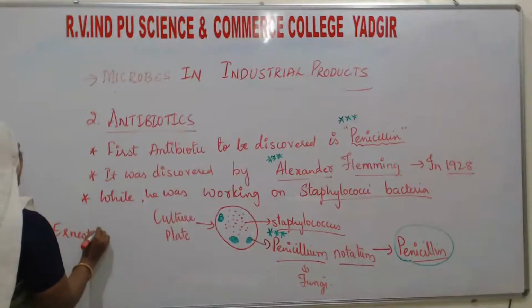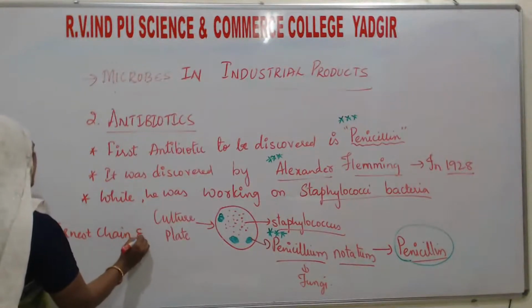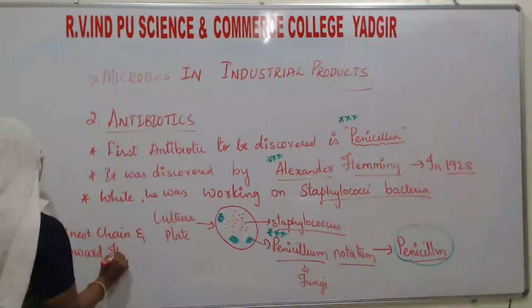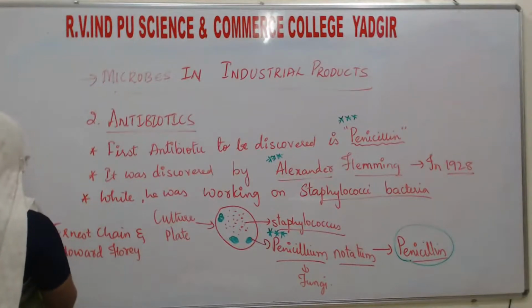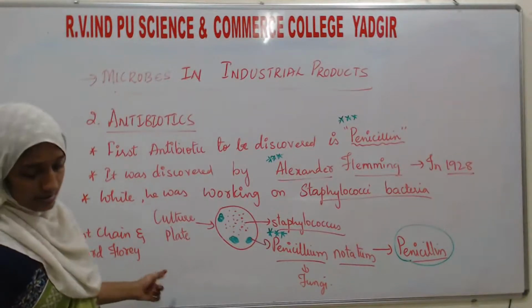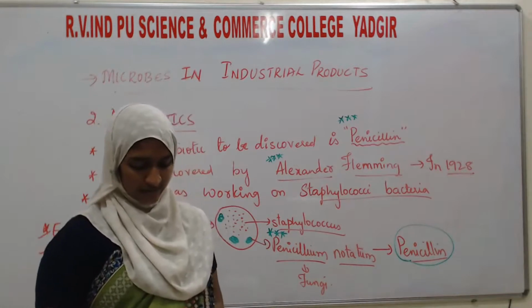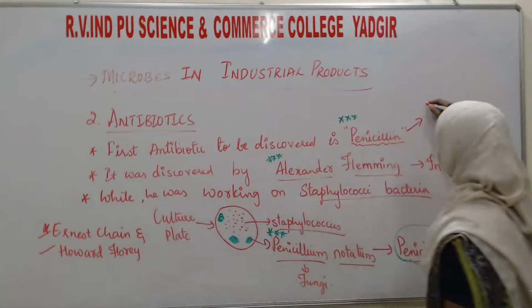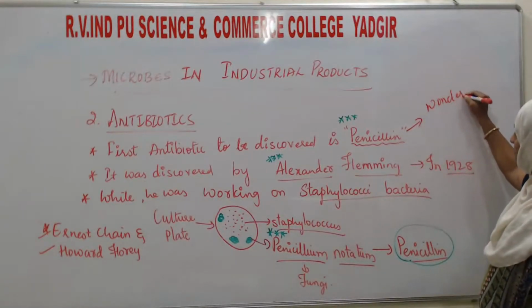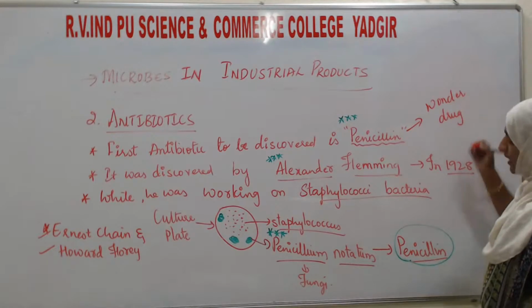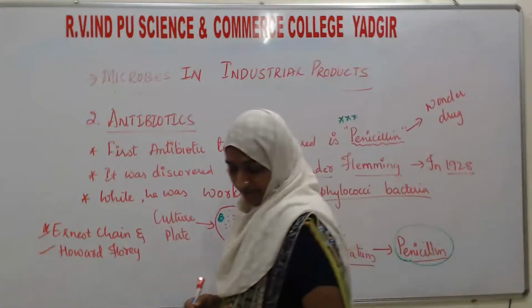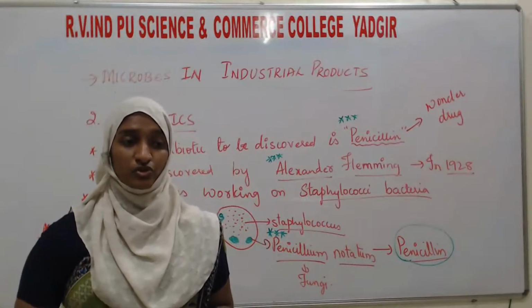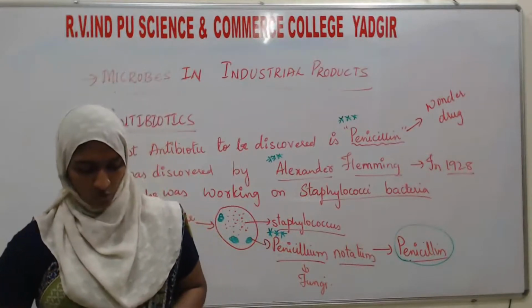These two scientists, Ernst Chain and Howard Florey, modified this antibiotic, and penicillin was given the name wonder drug. Why was it named a wonder drug? Because it was extensively used to treat wounds.